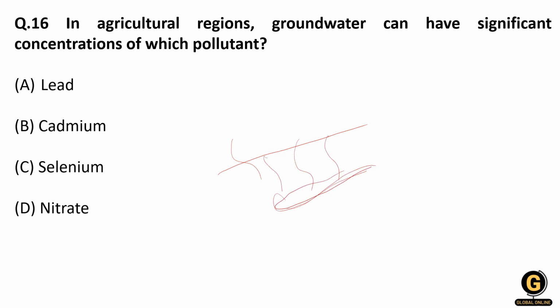So the groundwater gets contaminated, and mostly farmers use nitrates, urea or potassium nitrate. These fertilizers are excessively used and accumulate in the groundwater. So remember, the highest concentration in the groundwater is of nitrate.